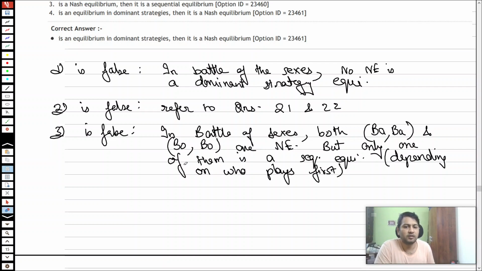So if the wife plays first, then the only equilibrium is ballet, because the wife prefers to go to ballet, so she goes to ballet. The husband has no option, because if he goes to boxing he gets 0 payoff, right?